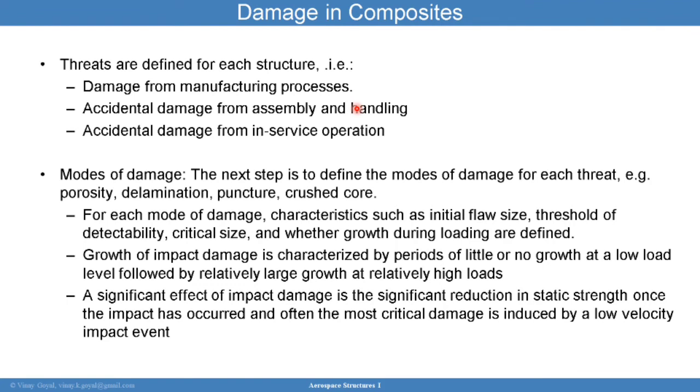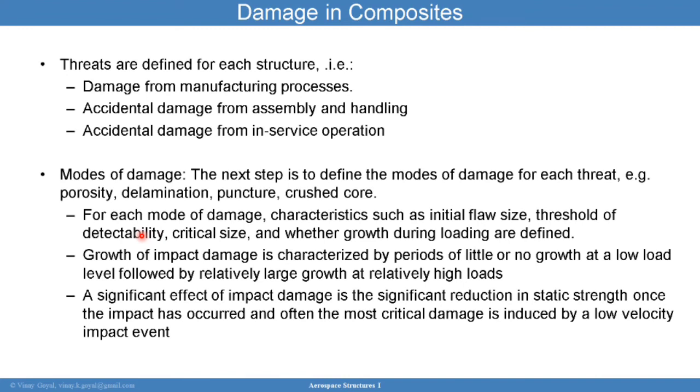Impact damage is really characterized by periods of little or no growth, which is possible at low loads, and then it could suddenly start growing quickly at relatively high loads. So you definitely want to pay attention to the impact damage events, and make sure that for each damage mode we're characterizing the flaw sizes and the threshold of detectability.